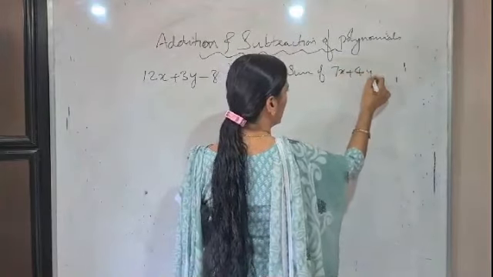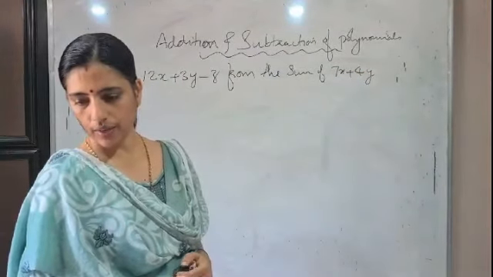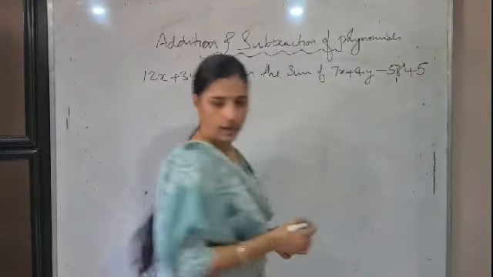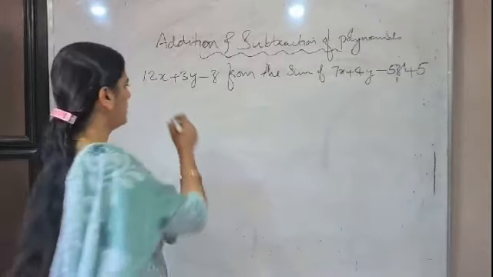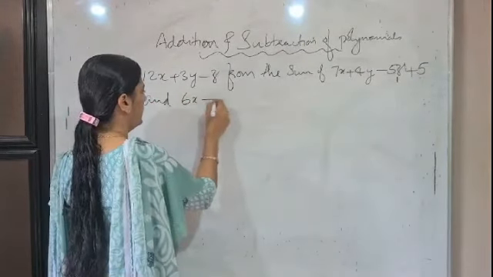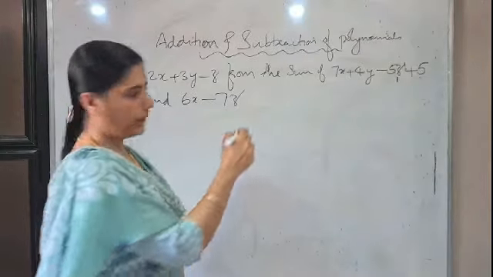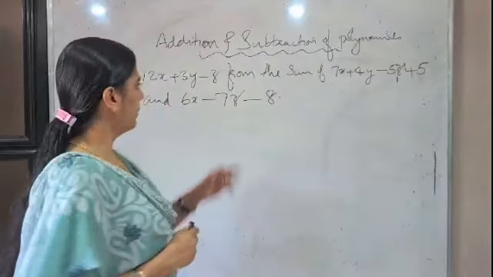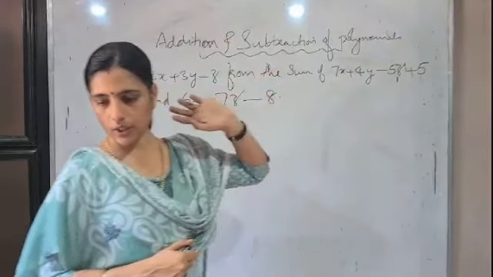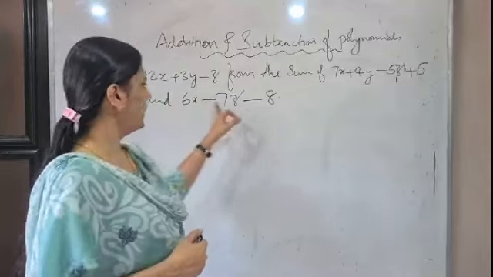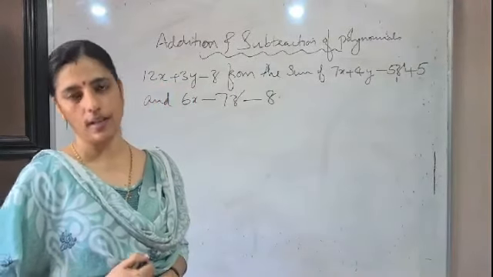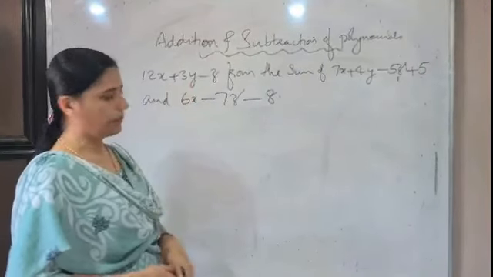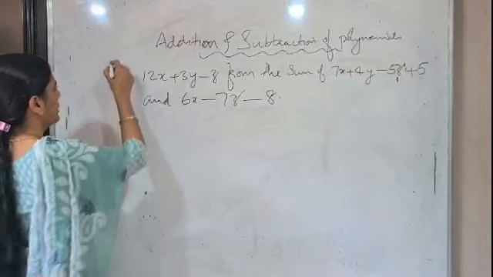Subtract 12x plus 3y minus z from the sum of 7x plus 4y minus 5z plus 5 and 6x minus 7z minus 8. What to do? Subtract.